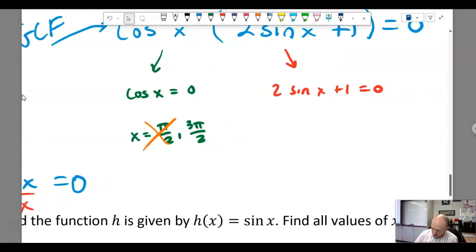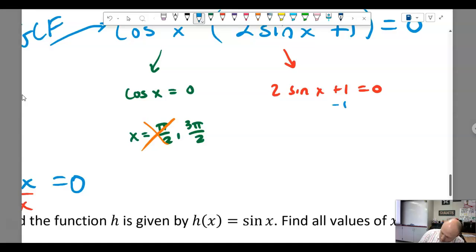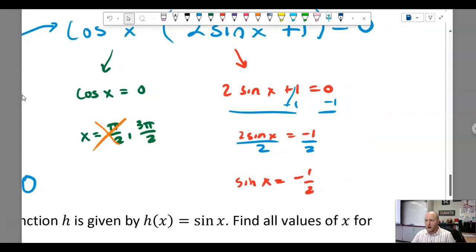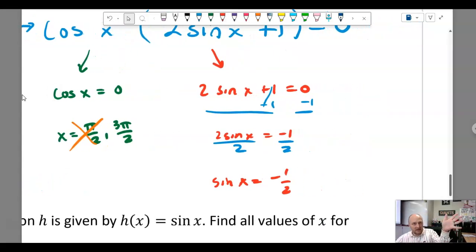Then we can go over here and solve this one. So subtract 1. We have 2 sine x equals negative 1. We'll divide both sides by 2, and we get sine of x equals negative 1/2. Where does sine of x equal negative 1/2? Again, I'm going to use my left hand.